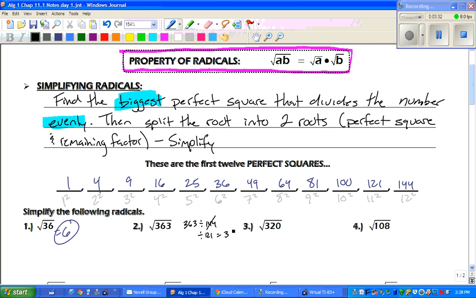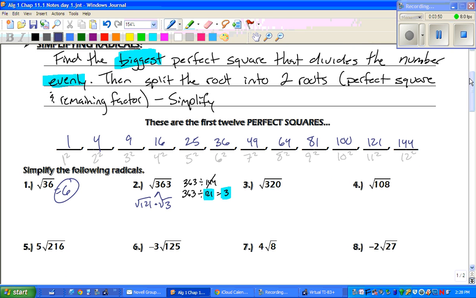Yay, that works. And that breaks it down to 121 and 3. So 121 times 3. The square root of 121 is 11, and that other part stays 3. So we're breaking it down into a perfect square, and then it's going to have a remaining factor.